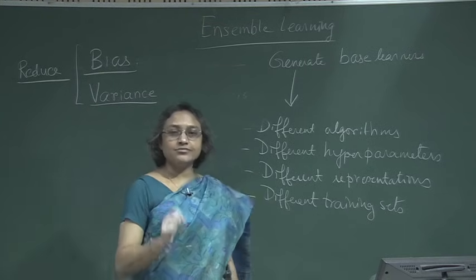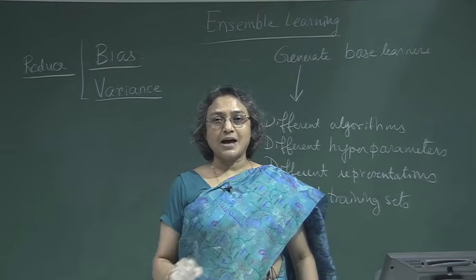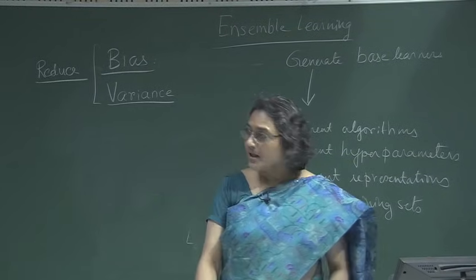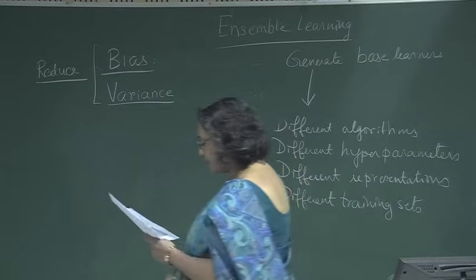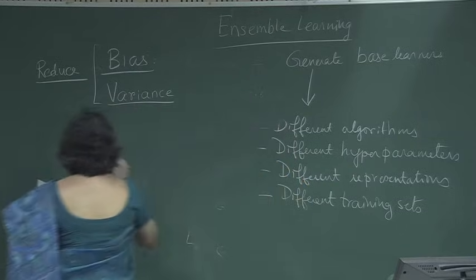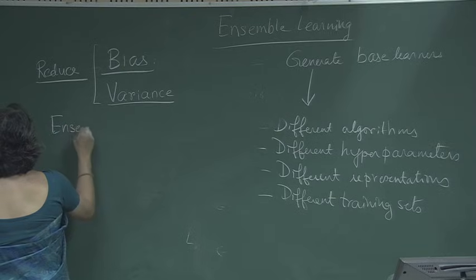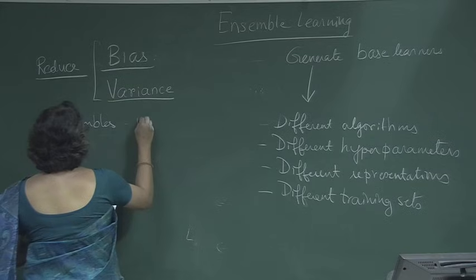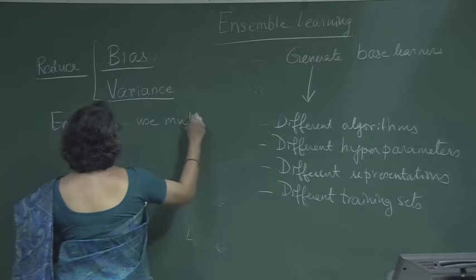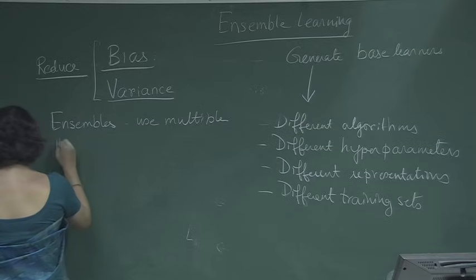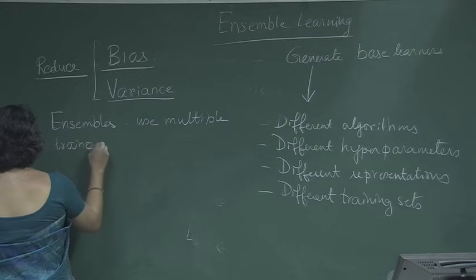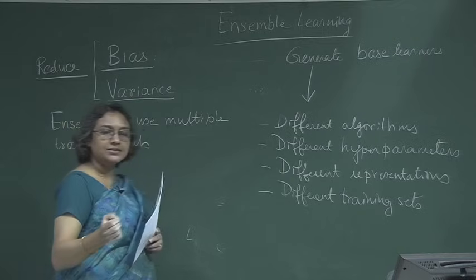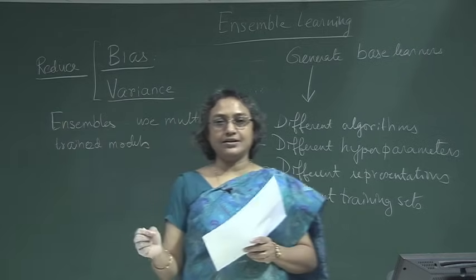And we will see that one of the ways we can achieve both low bias and low variance is by ensembling. So, we want low bias error and low variance error. So, we have, by using ensembles, which use multiple trained models, and let us assume that these models have low bias and high variance.